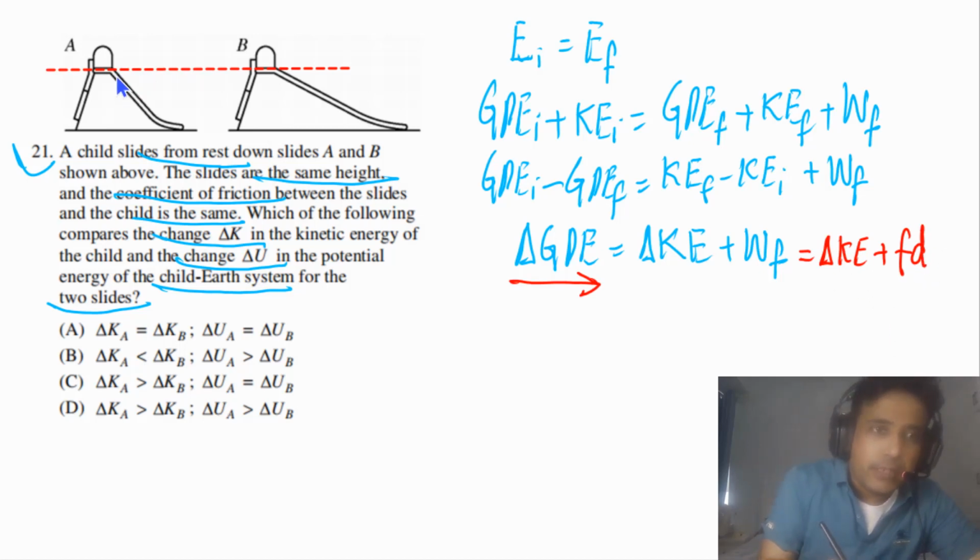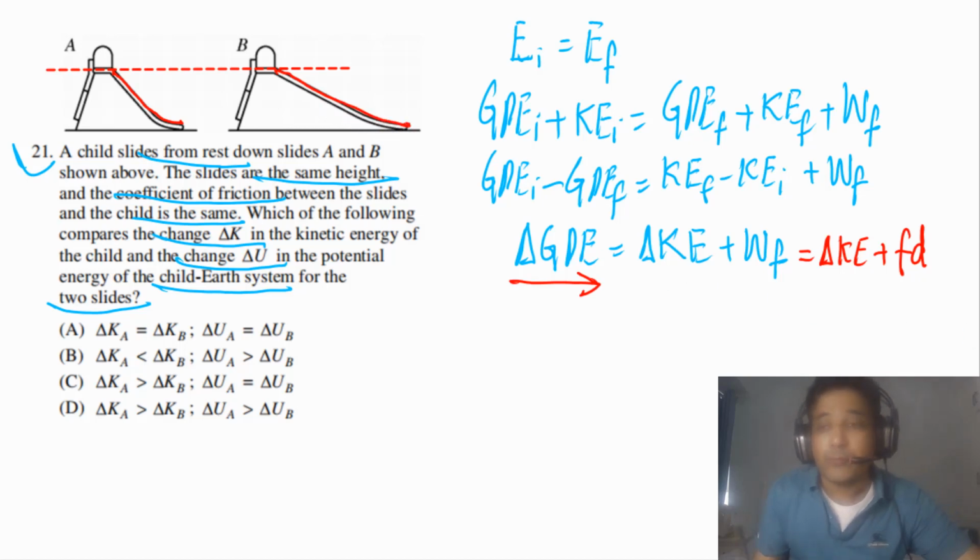If you look at A, in this case the distance traveled is only this much, and in B the distance traveled is much longer. So the distance traveled is longer, but the force of friction is the same. As friction is the same, if the distance traveled is longer, it means the work done against friction will be greater.